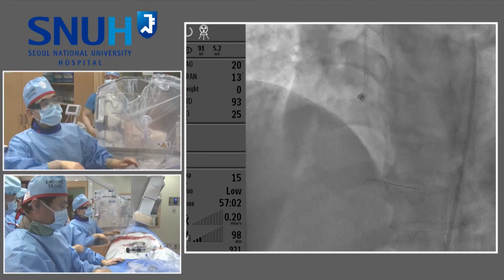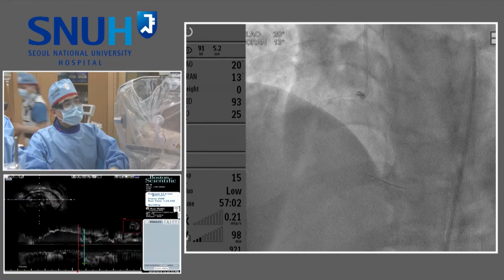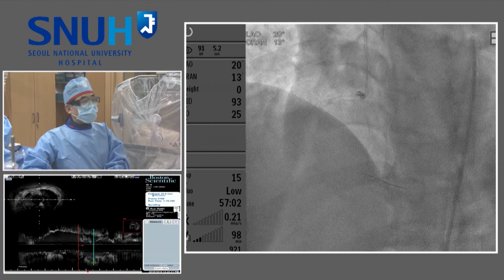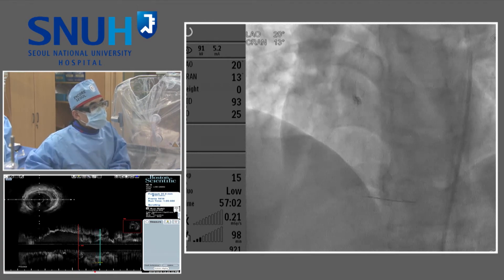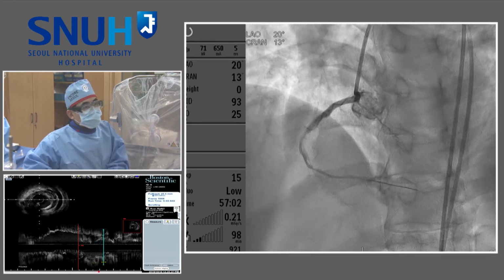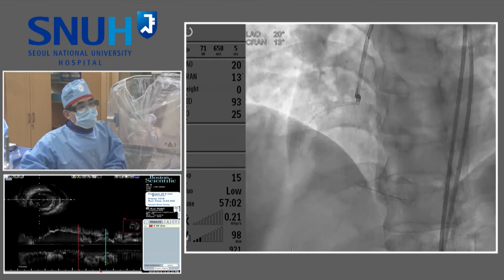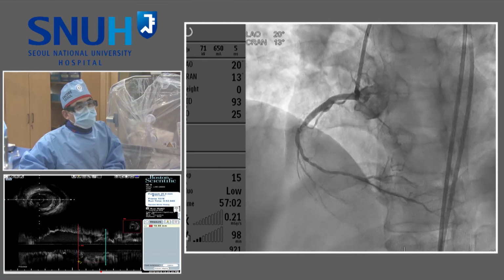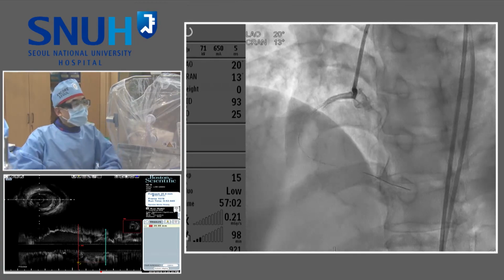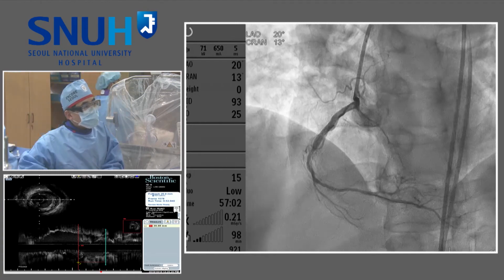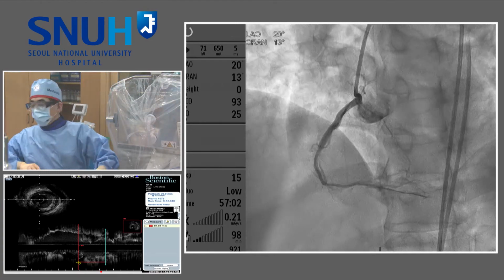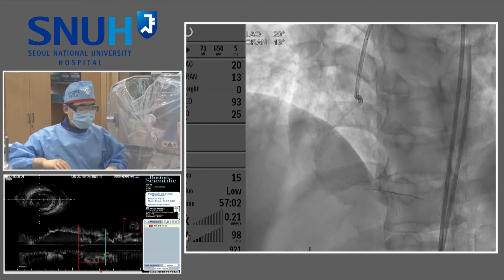It would also be nice to see how many in the audience would put a 2.75 by 20 or a 40. We will do both. Will anybody put a 2.75 by 40 stent distally? Lift your hand.